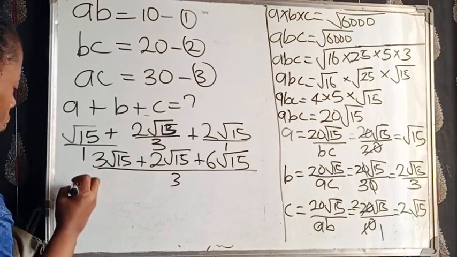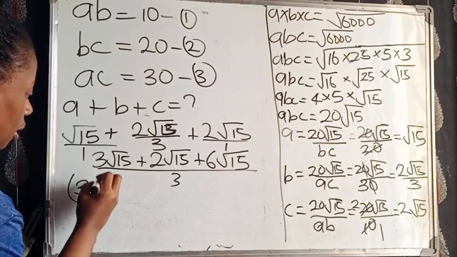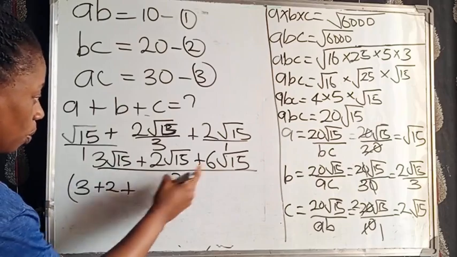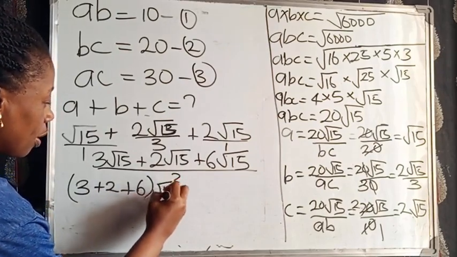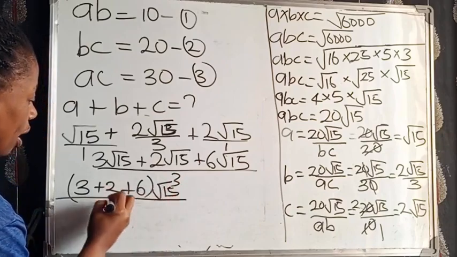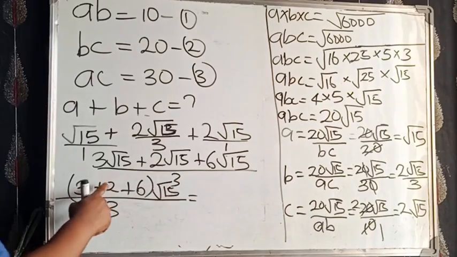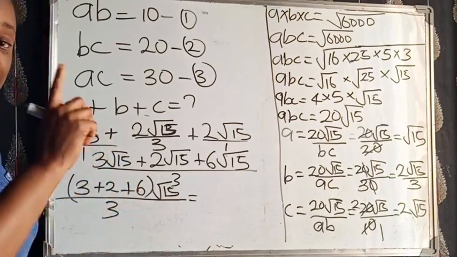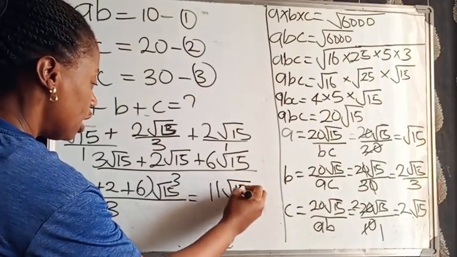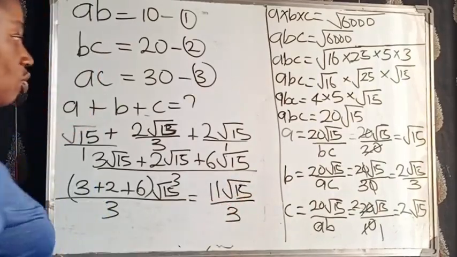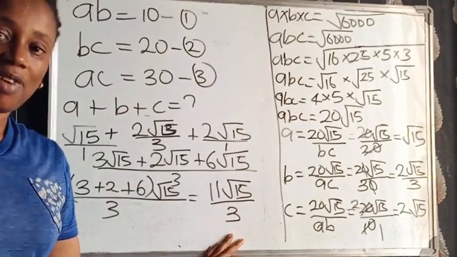So we are going to have 3 plus 2 plus 6, root 15 over 3. 3 plus 2 is 5. 5 plus 6 is 11. So we are going to have 11 root 15 all over 3. So this is the final answer.